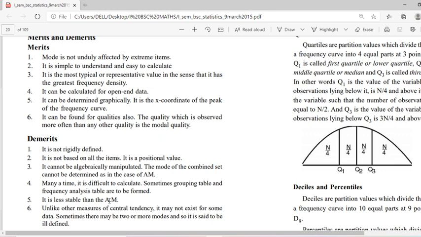It can be calculated for open-end data. It can be determined graphically, as the x coordinate of the peak of the frequency curve. It can be found for qualitative data also: the quality which is observed more often than any other quality is the modal quality.